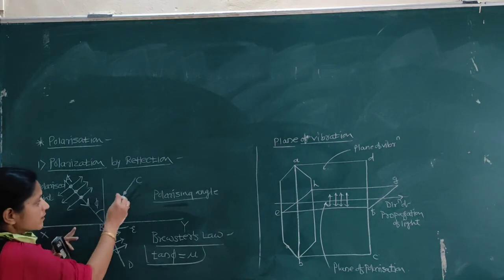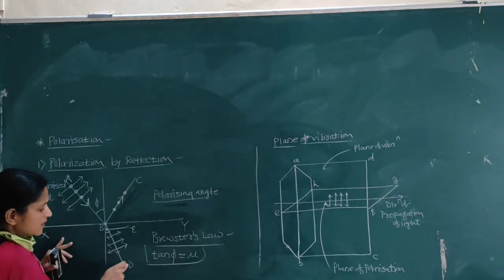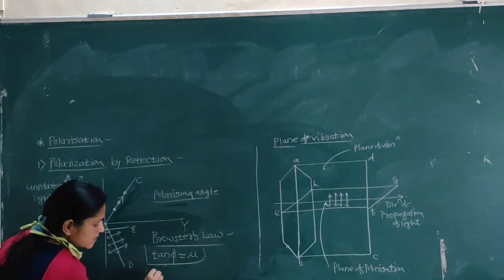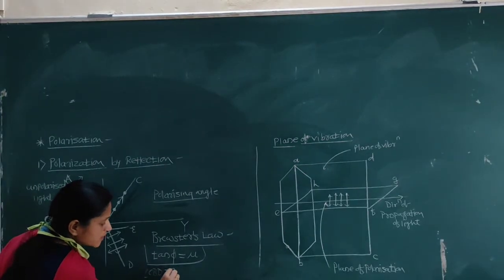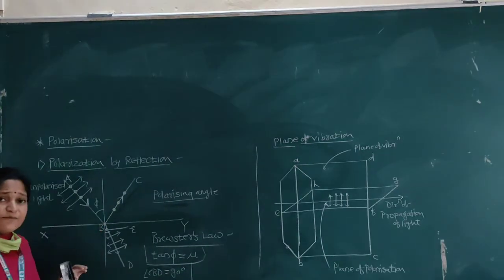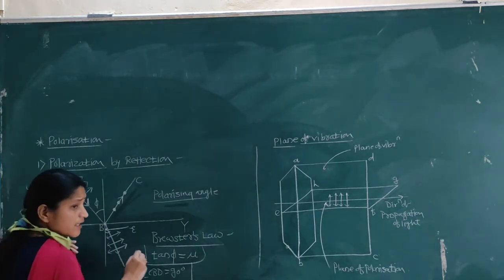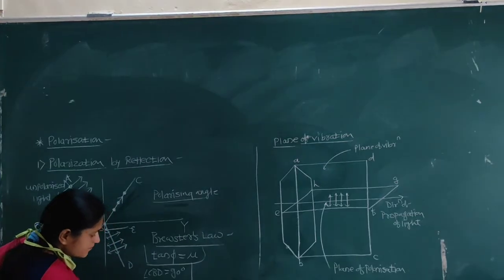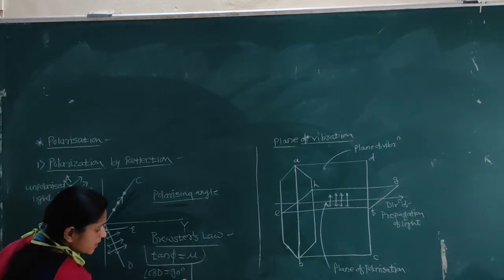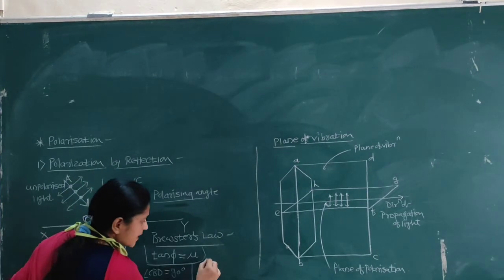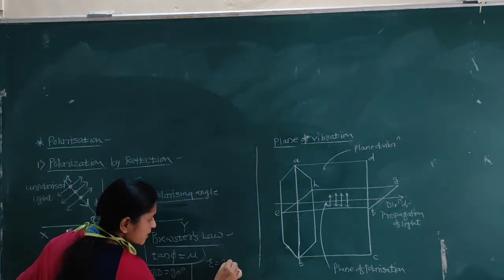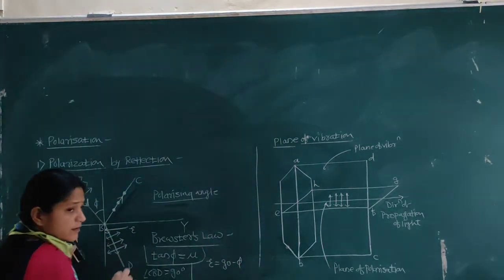Now from the figure, the angle CBD is equal to 90 degrees. Again from the geometry, the angle phi plus angle R is equal to 90 degrees. From this equation, R is equal to 90 minus phi.